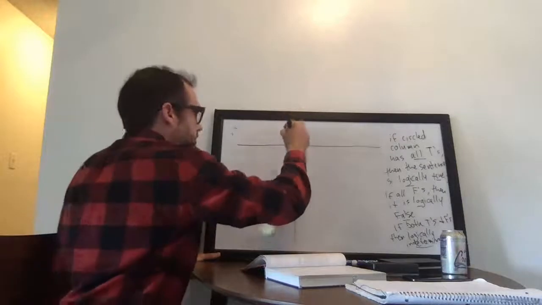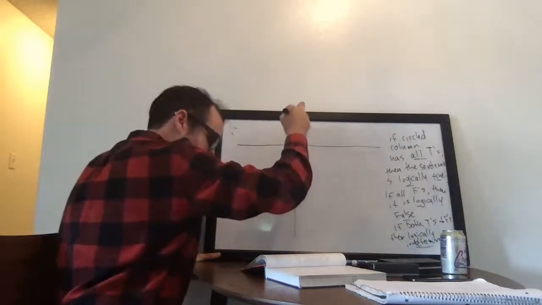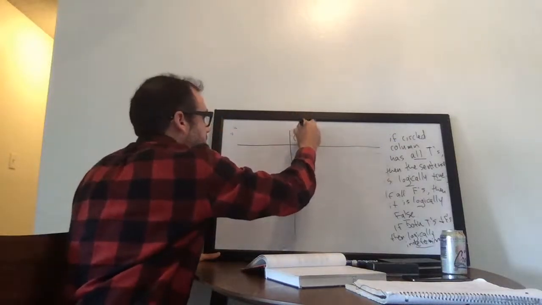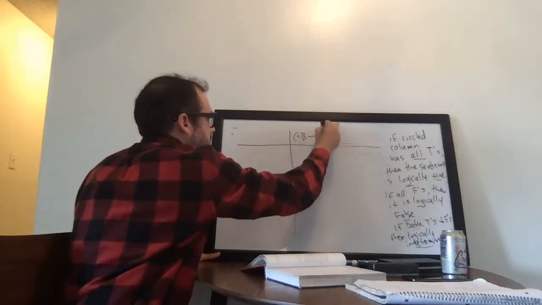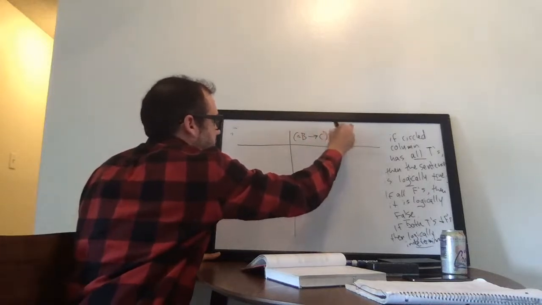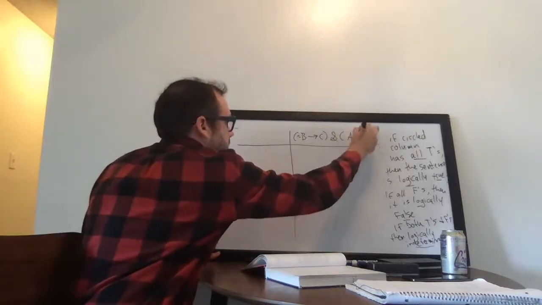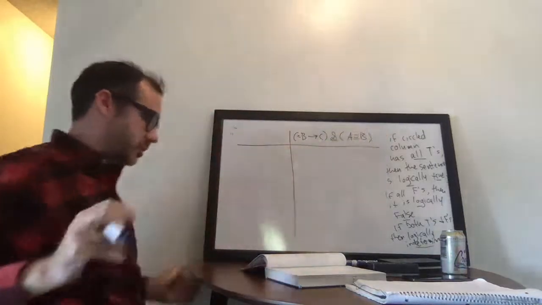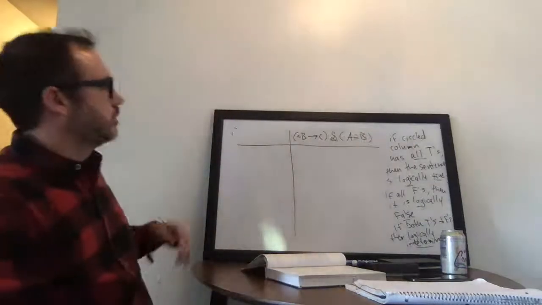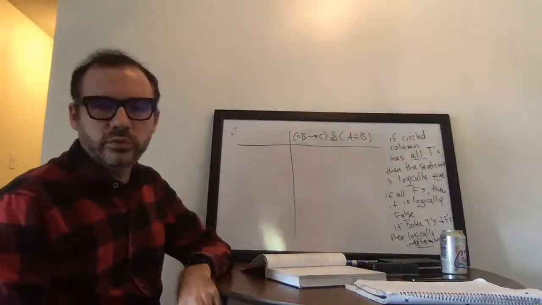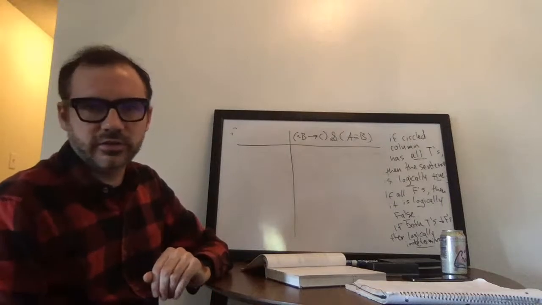Okay, so what we're going to have is both, if not B, then C, and, so I'll try the ampersand, A if and only if B. All right? Now, it's a little more complex, but I'm going to just keep scaling up the difficulty slightly.